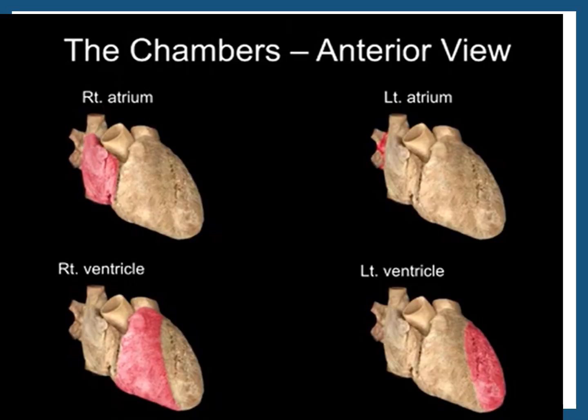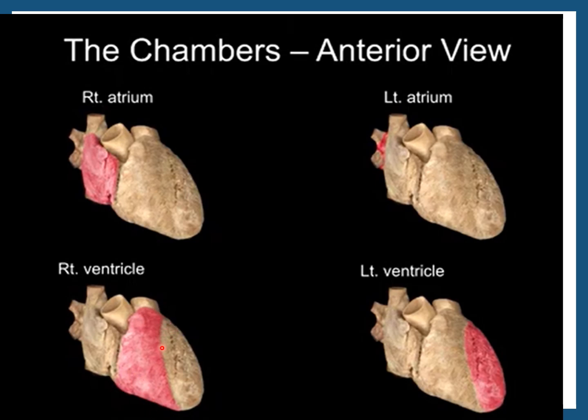Here's an anterior view of the chambers of the heart. Looking anteriorly in the chest, there's this really large blood vessel right here. That's the aorta. The right atrium is going to be to the right and a little inferior, where the right ventricle is going to be that area below it.